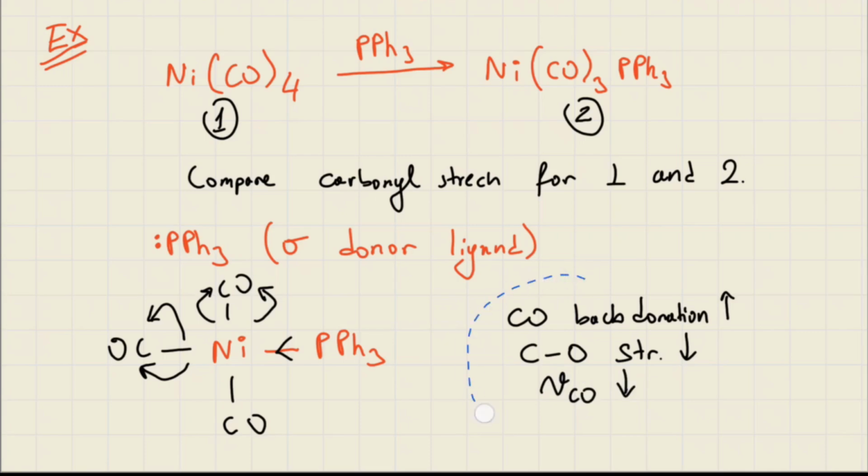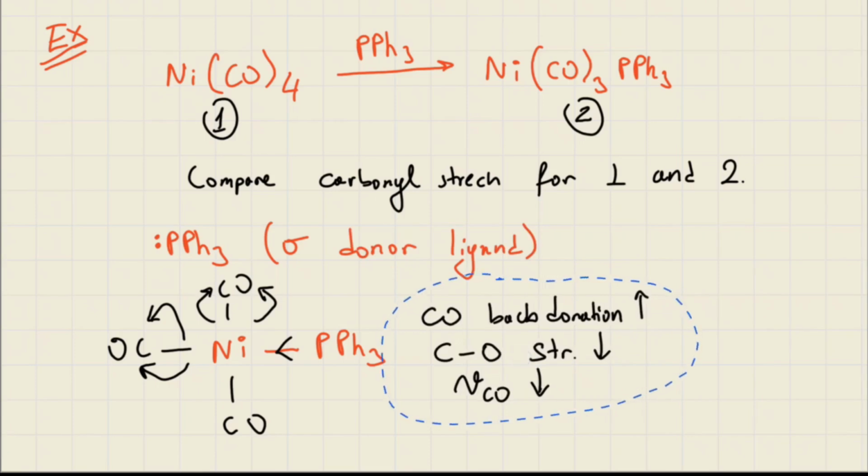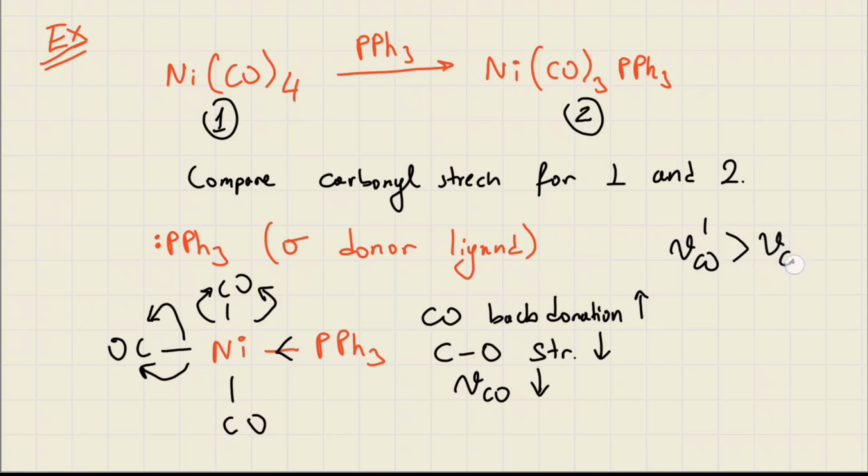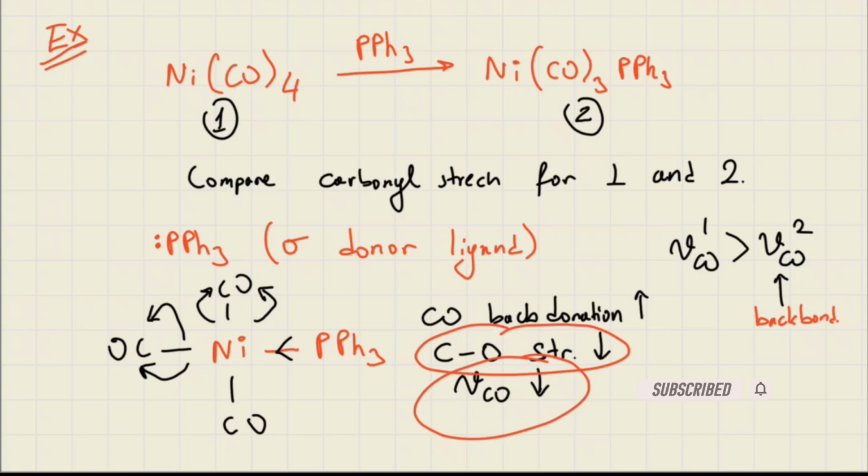So this is from the combination of my previous lecture and information about the PPh3 ligands. So we can say simply that νCO1 should be bigger than νCO2, since there is back bonding here. It will accept more electrons from the metal center. It will decrease the CO strength and it decreases the νCO. Therefore, νCO1 should be bigger than νCO2.